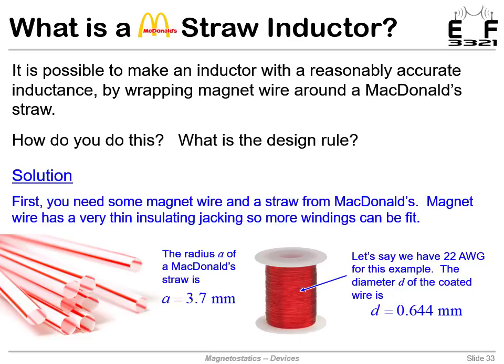So it's not meant to be abused, and if you do that, you can easily scratch away the insulative coating, and then you'll short circuit your windings, which is not good to do. So that's the difference between magnet wire and regular wire. And the diameter of a 22 gauge magnet wire with the coating on it is about 0.644 millimeters. So this number will go into the turn density.